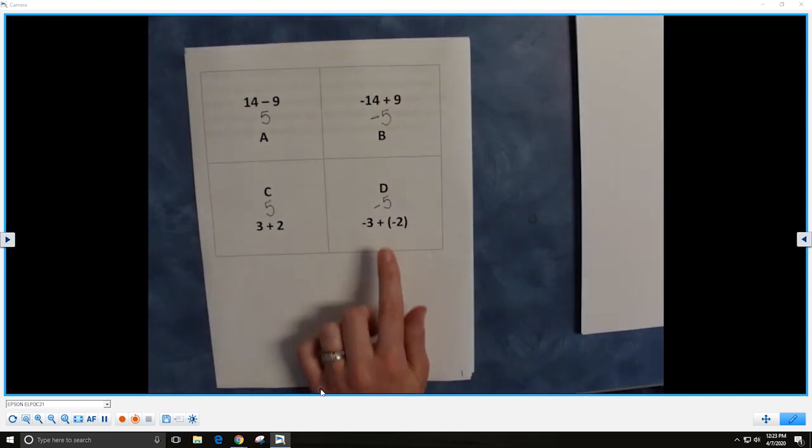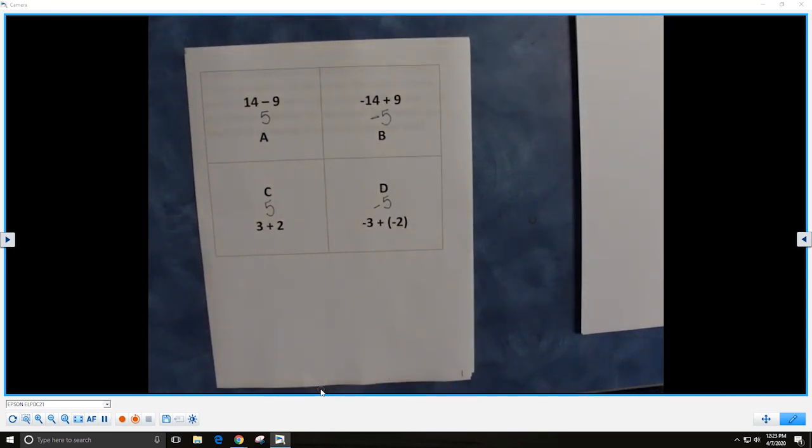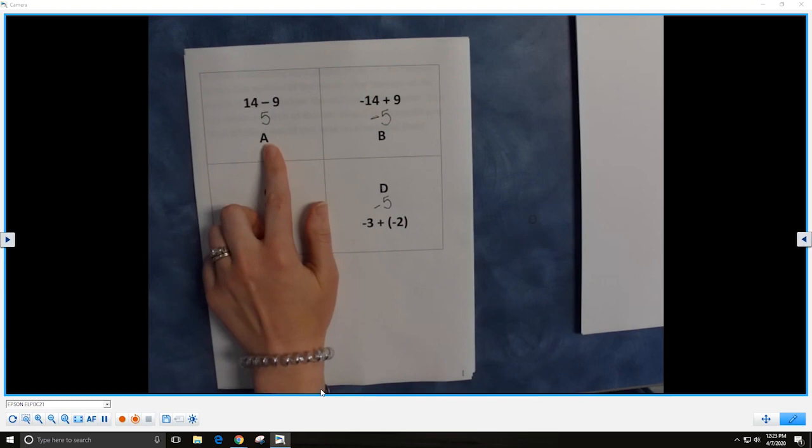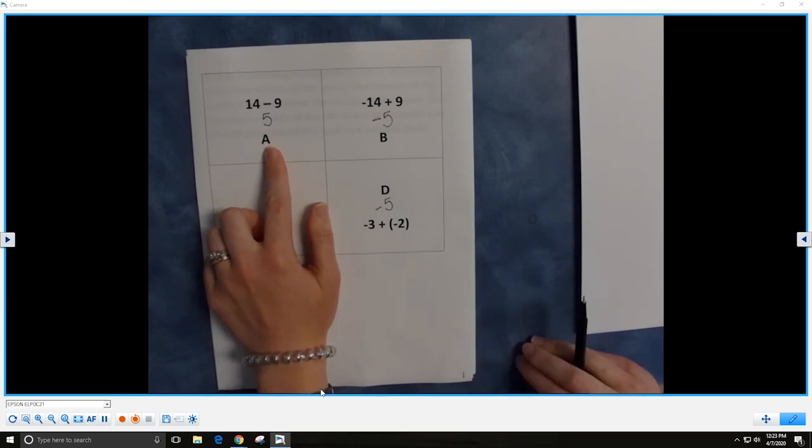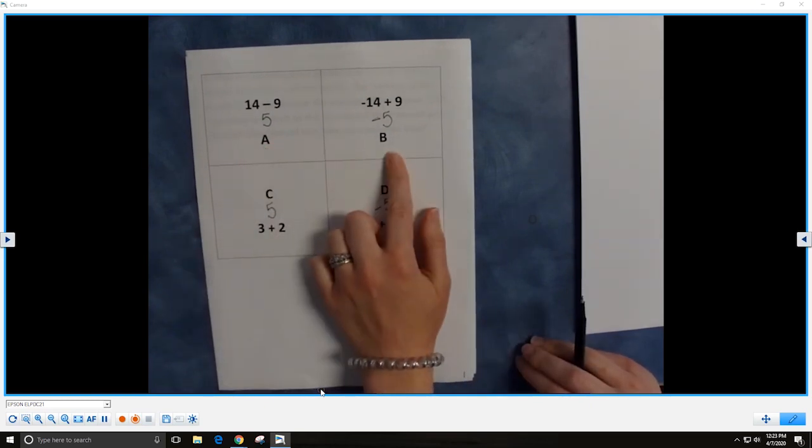So all 4 of these expressions either equaled 5 or negative 5. How are these expressions different? A is the only subtraction expression. B is the only expression with a negative integer and a positive integer.